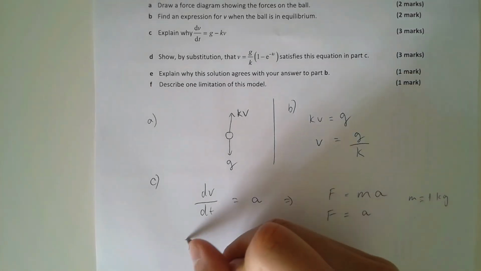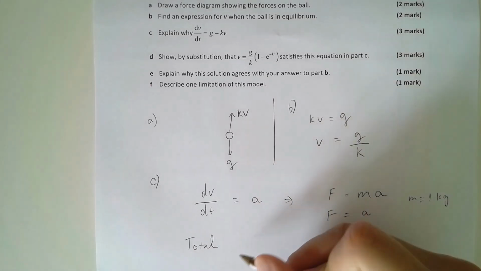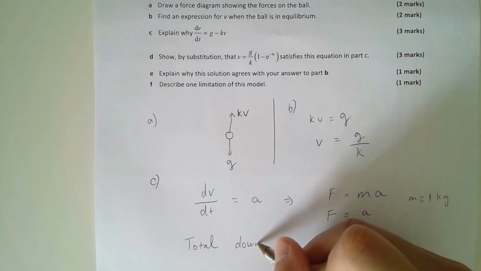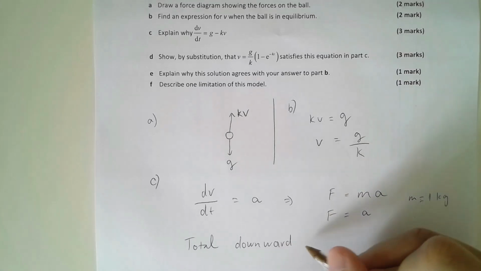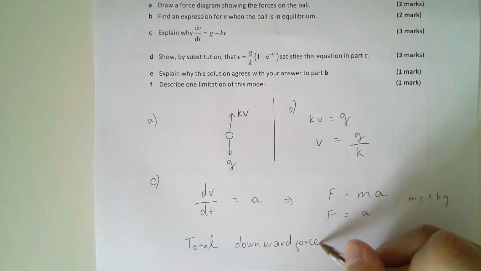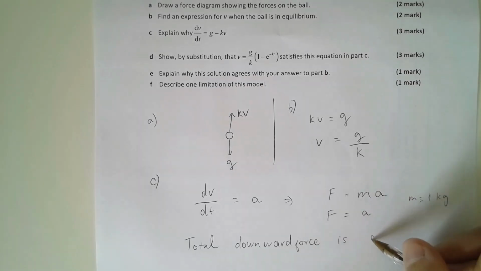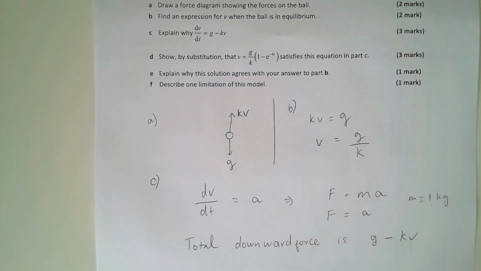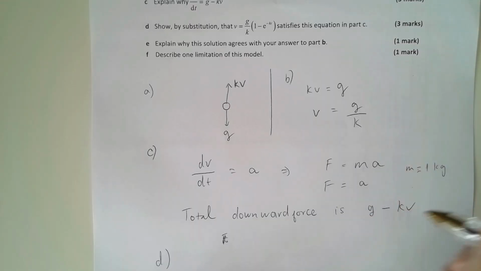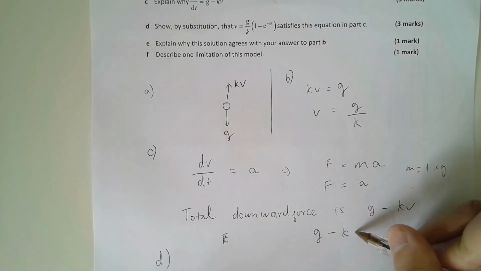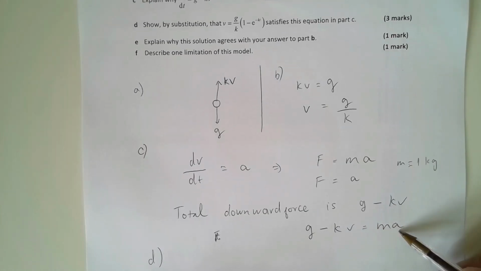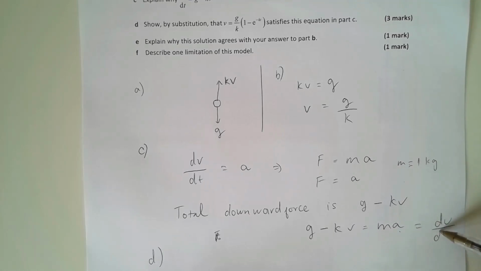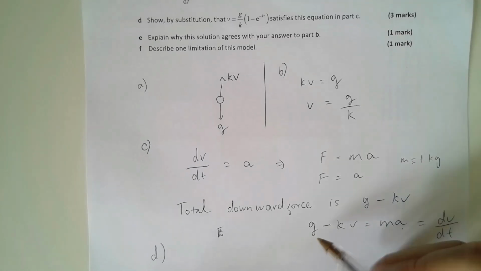Therefore, we've got a total downward force of g take away kV. Based on Newton's second law, g take away kV equals ma. The reason why, m equals 1, and a equals dV over dt. So that's where the formula comes from.